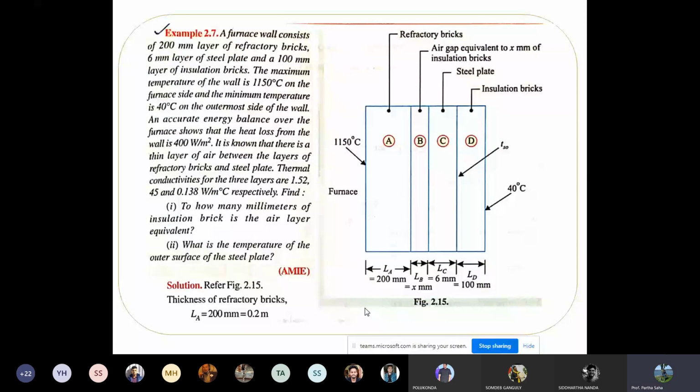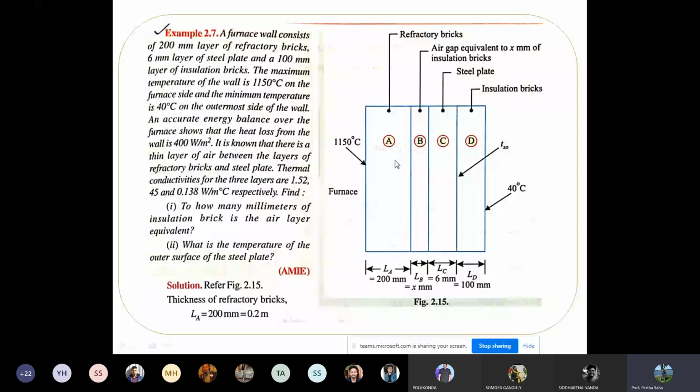An accurate energy balance over the furnace showed that heat loss from the wall is 400 watt per meter square. It is known that there is a thin layer of air between the layers of refractory brick and steel plate. Thermal conductivities for the three layers are given as 1.52, 45, and 0.138 watt per meter C respectively. Find to how many millimeters of insulation brick the air layer is equivalent. What is the temperature of the outer surface of the steel plate?